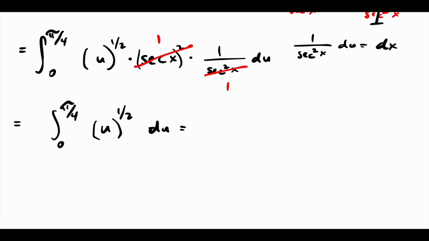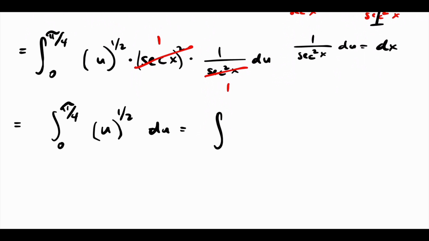Antiderivative. So we have u to the 3/2 divided by 3/2. Put u back in.